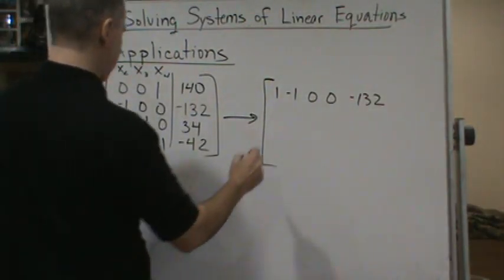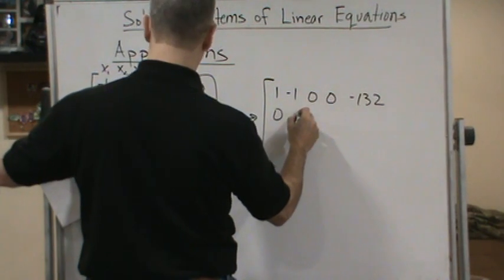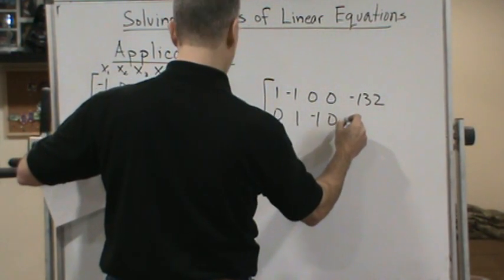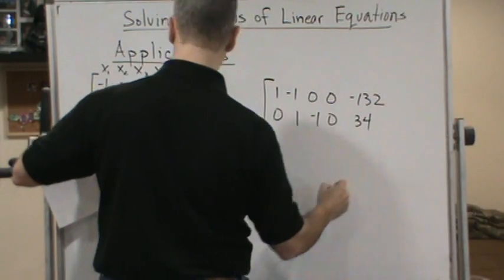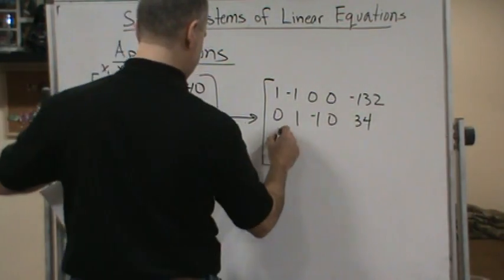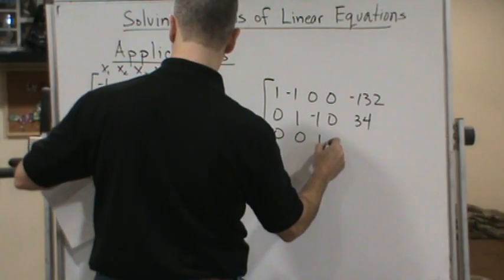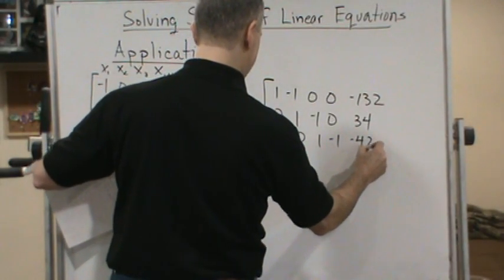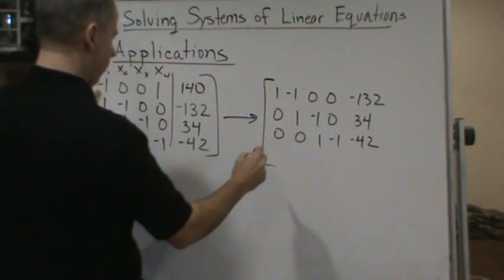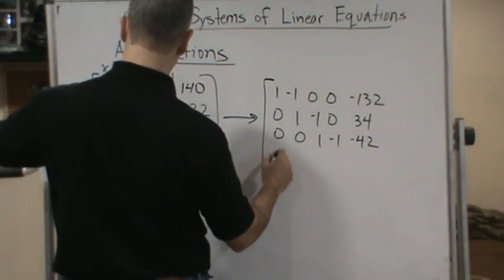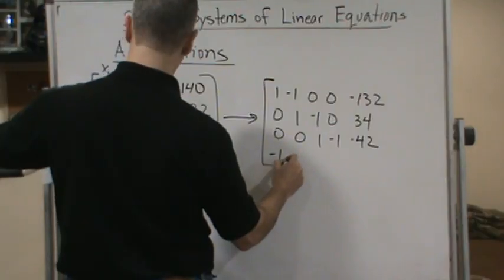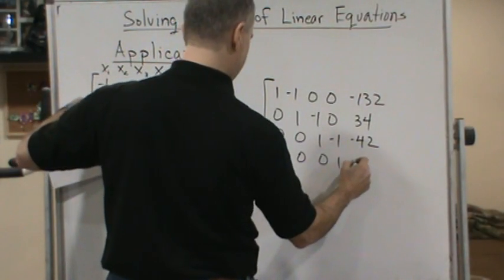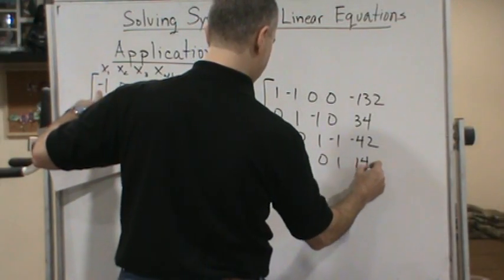And then the next one would be 0, 1, -1, 0, 34. And the next one's going to be 0, 0, 1, -1, -42. And then the first row is going to be the fourth row, which is going to be -1, 0, 0, 1, and 140.